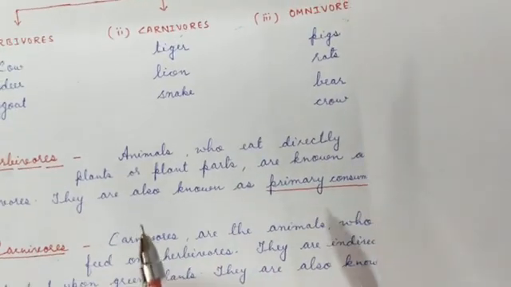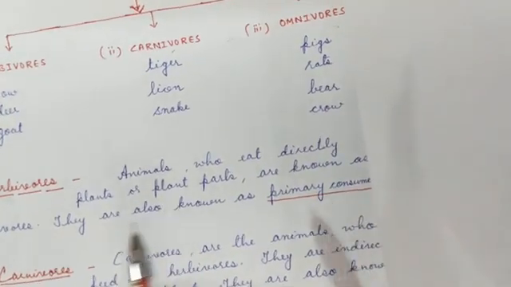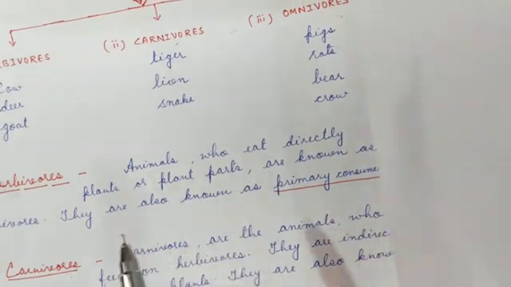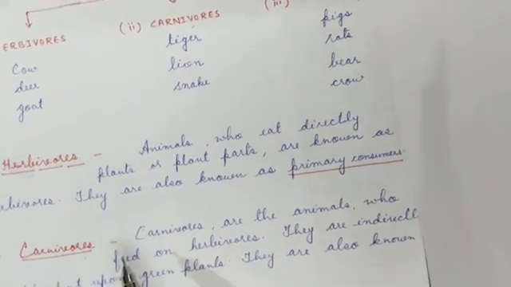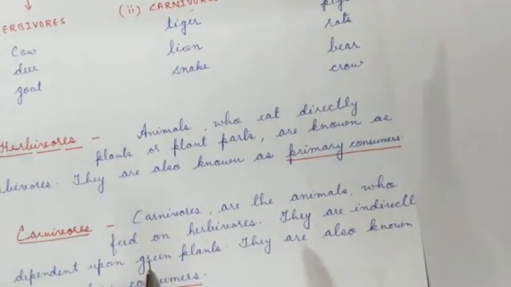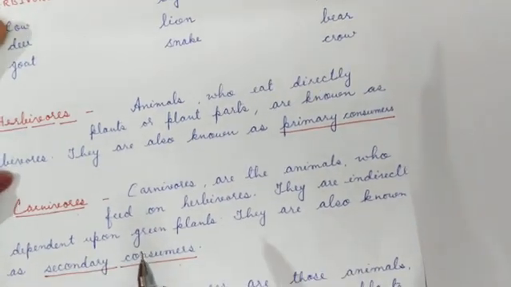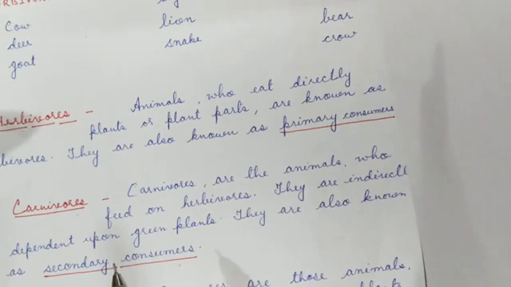So if I ask you, if there won't be plants on this earth, can these carnivores survive? The answer will be no. Why? Because yes, of course, carnivores, they don't eat plants. But indirectly they are dependent on plants.